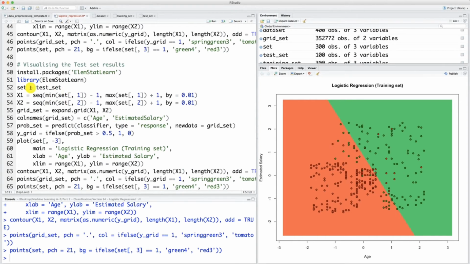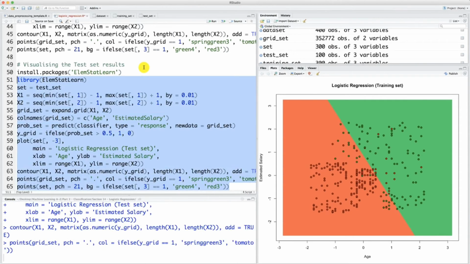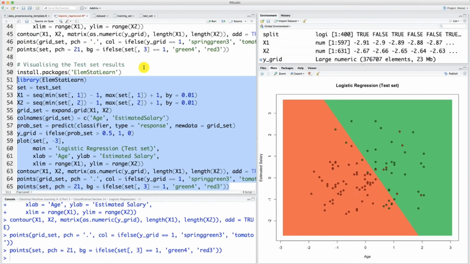That's all because I structured the code in such a way that we only need to change the training set into the test set here to plot this graph on a specific set. However, let's change the title here because we want to specify that it's the test set, and it's ready. So let's select this and execute. Let's see what happens.